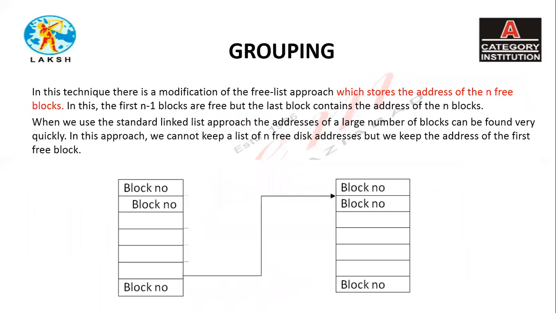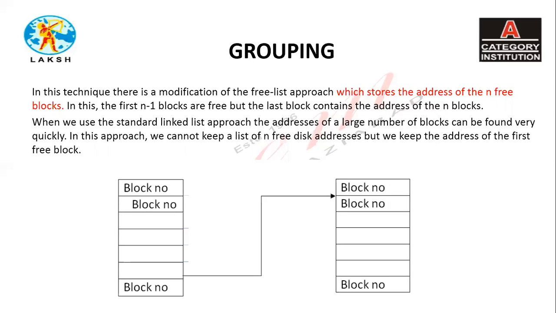The next technique is grouping. In this technique, there is a modification of the free list approach. Here we have made a small modification, which stores the addresses of n free blocks. In this, the first n minus 1 blocks are free, but the last block contains the address of the n blocks.